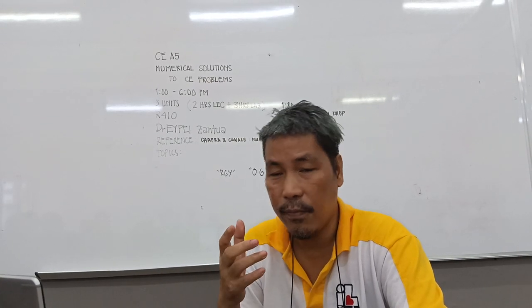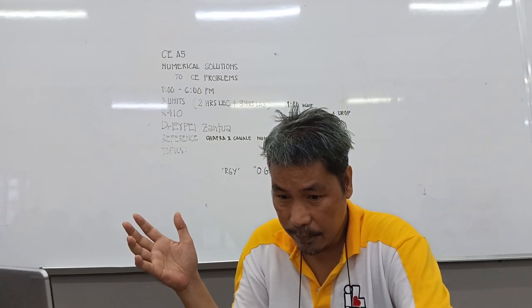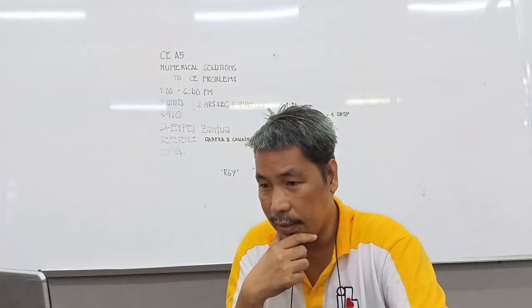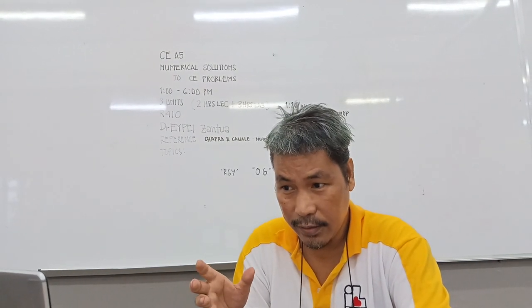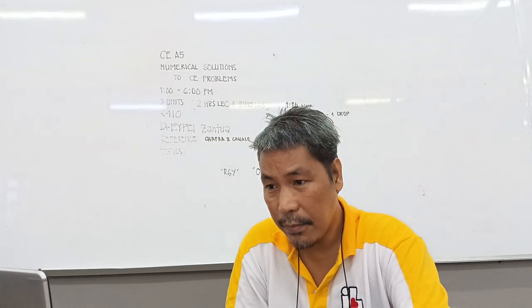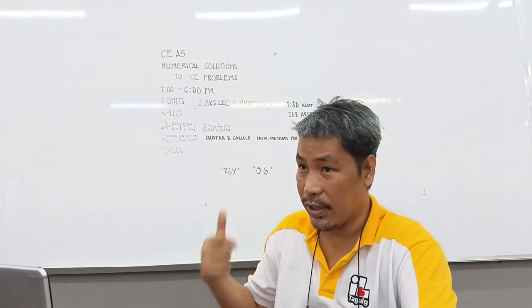There are plenty of problems in real life from the perspective of civil engineering that are difficult to obtain. They can be obtained using your mathematics knowledge, but are so difficult. And if that happens to you, one of the ways is to use a numerical solution instead.